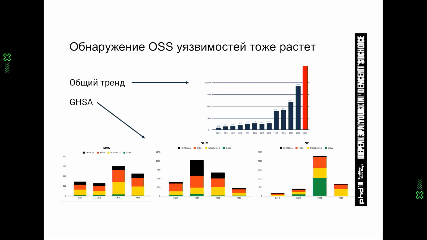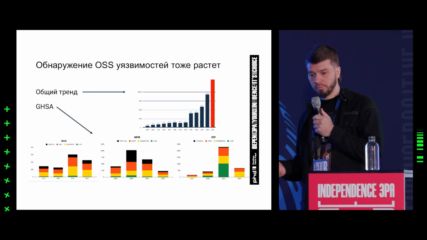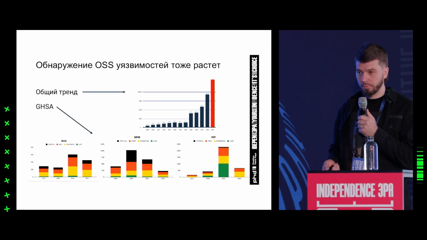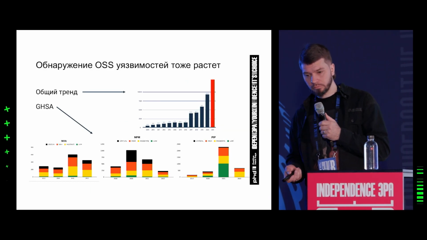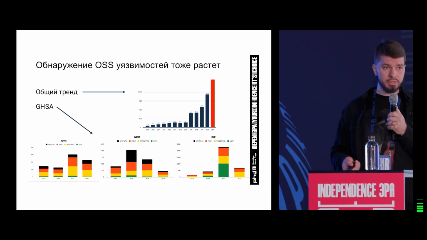Speaking of the growing open source, we would say that the number of vulnerabilities discovered year on year is growing as well. If you look at the number of vulnerabilities, open source vulnerabilities grew in 2021, it actually breaks through the roof.